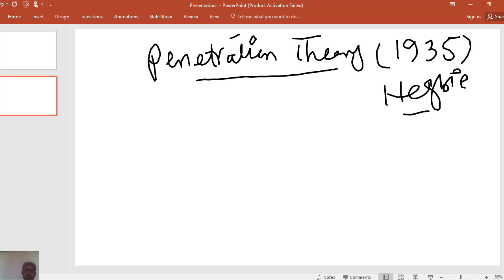Suppose an air bubble is rising in a narrow column.